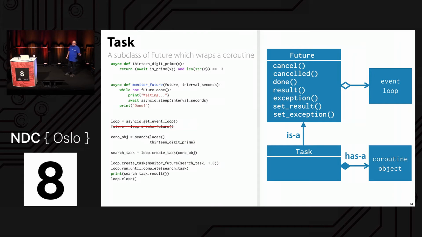We no longer need to do that. And where we monitor the future down at the bottom, I have loop.create_task(monitor_future). We actually pass the search task in directly to monitor it. And we're allowed to do that because the task is a future. The reason I say that this inheritance is dubious is that calling things like set_exception on a task is something you should never really need to do. I think it's a pretty questionable API design.